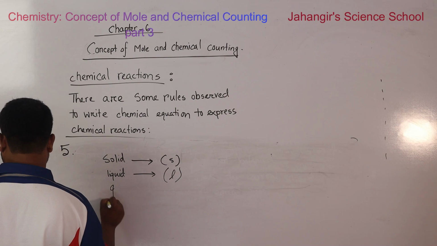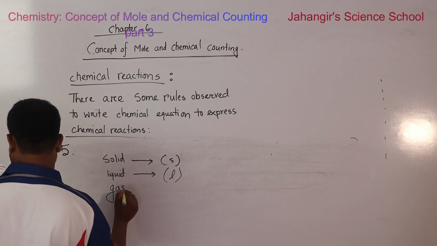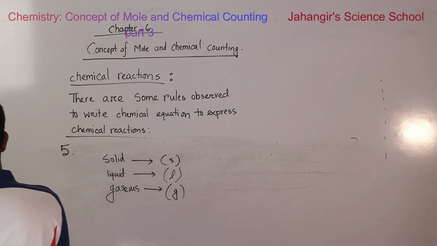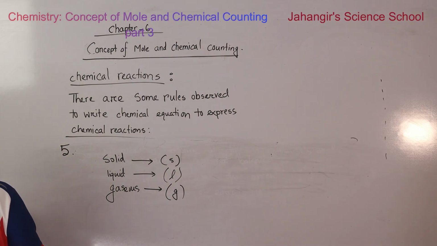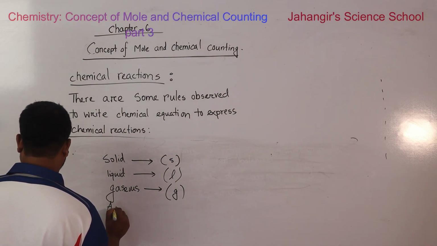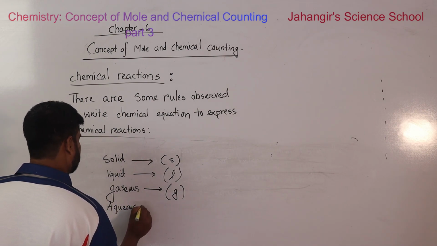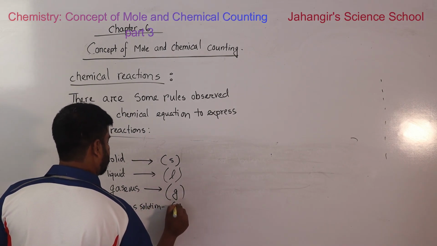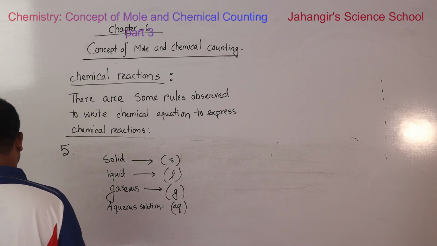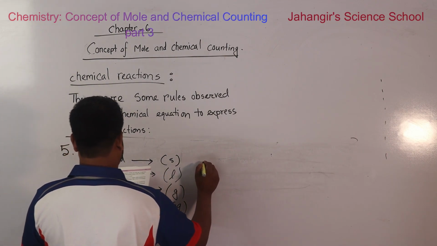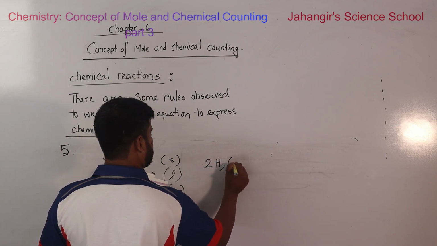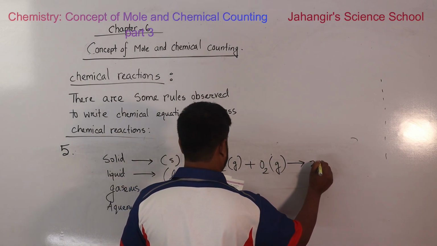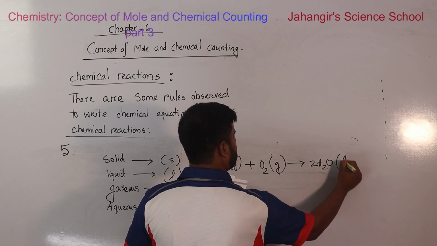If gaseous, then we write g. When the substance is in the form of an aqueous solution, then we write aq. Say 2 hydrogen gas and oxygen O2 gas becomes water H2O, then we can write liquid.